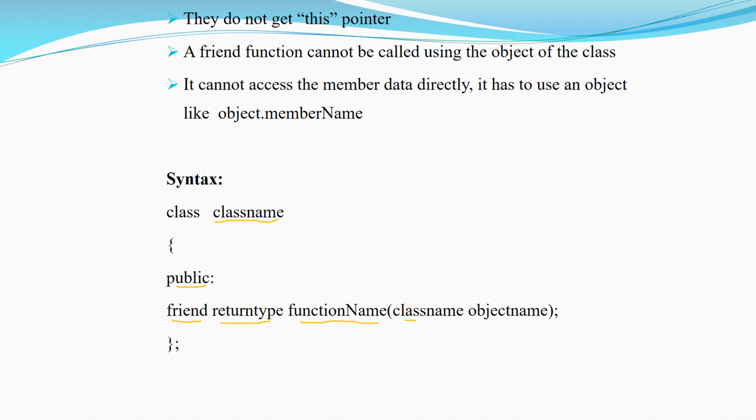The parameter is given as the class name followed by the object name, with a semicolon. A friend function declaration ends with a semicolon. This is the syntax for declaring a friend function. After seeing the syntax, let us see an example in the next slide.